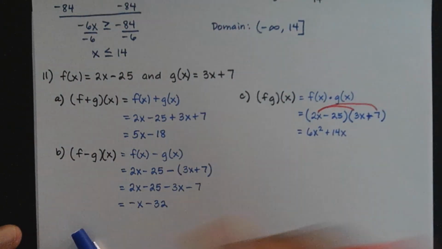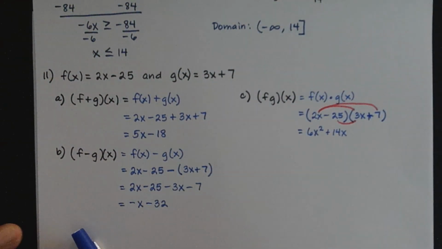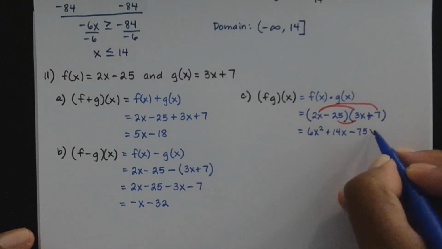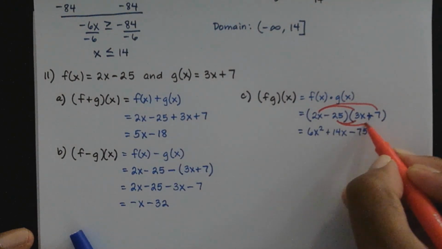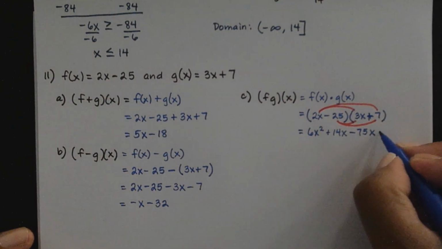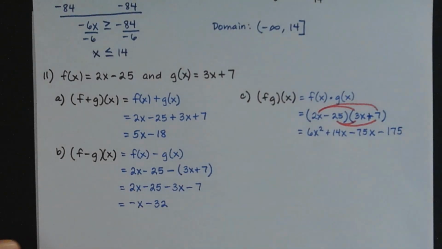The inner will be minus 25 times 3x, which is minus 75x. And then finally, minus 25 times plus 7. How much? We get negative, minus 175.